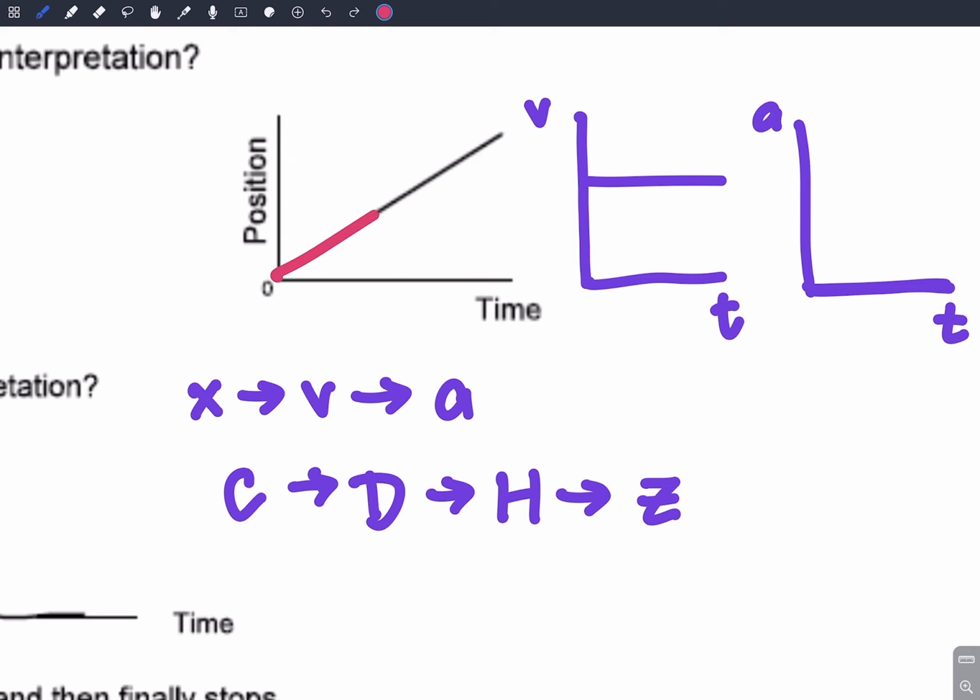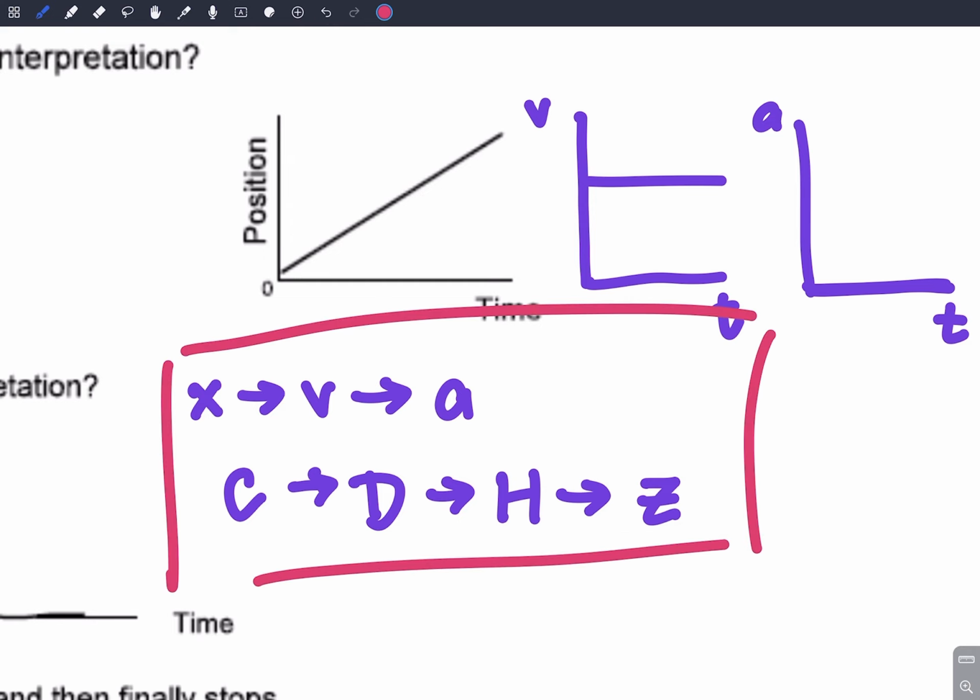But since this is a diagonal line, we're dealing with horizontal and then 0. If this were a horizontal line, this would just be 0, and this would also be 0. So you can use this to help you when you're looking at graphs.